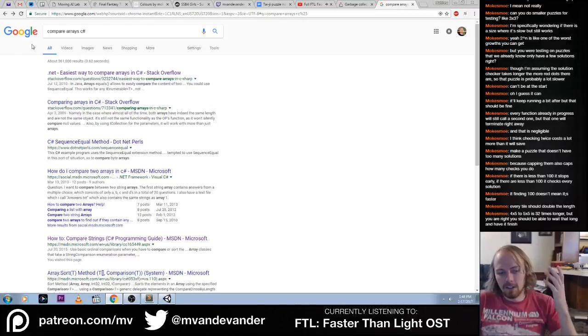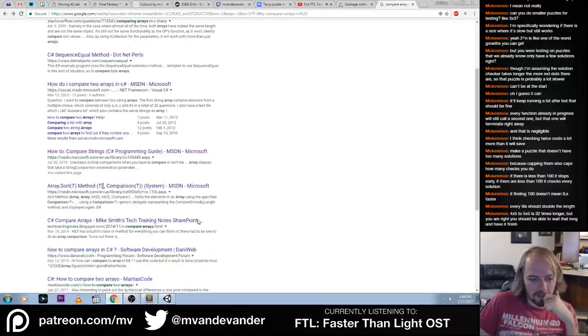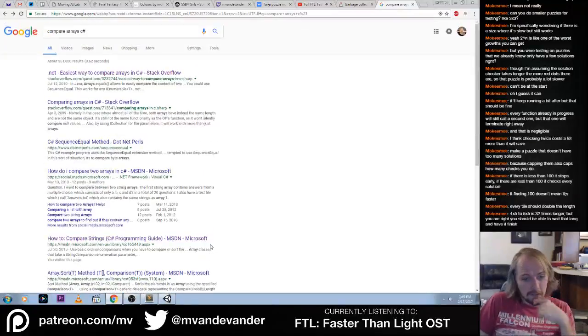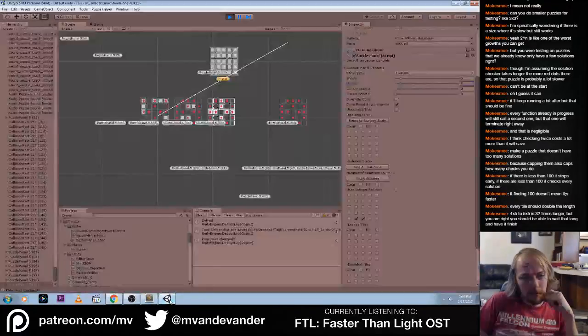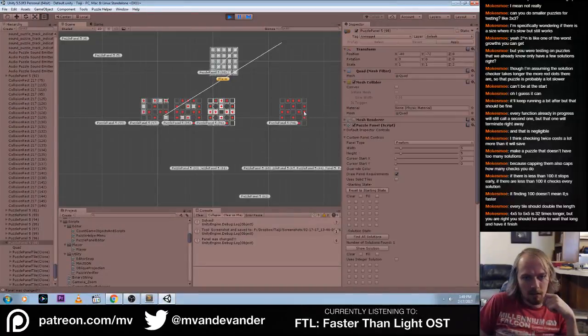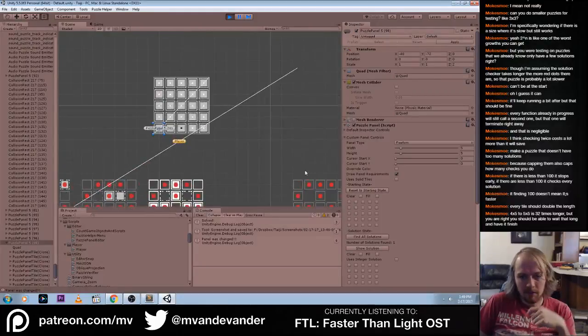If I can't do this, it's fine. It's not the end of the world to not have the brute force solver thing, but it seemed like it was not going to be the end of the world to check every possible thing, but maybe it just is. To check to see whether the panel's solvable.